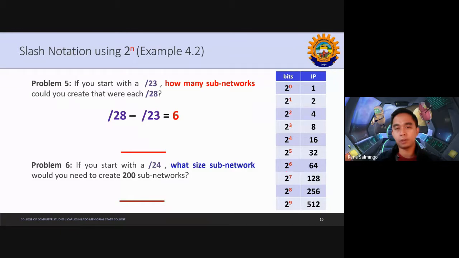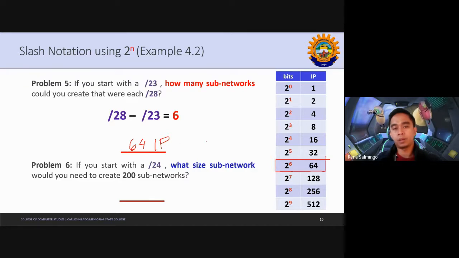So you have 64 IP addresses on this side. So you have 64 IP addresses. And how many subnetworks? So you have 6, and this would be 64 that you could use. 64 subnetworks.